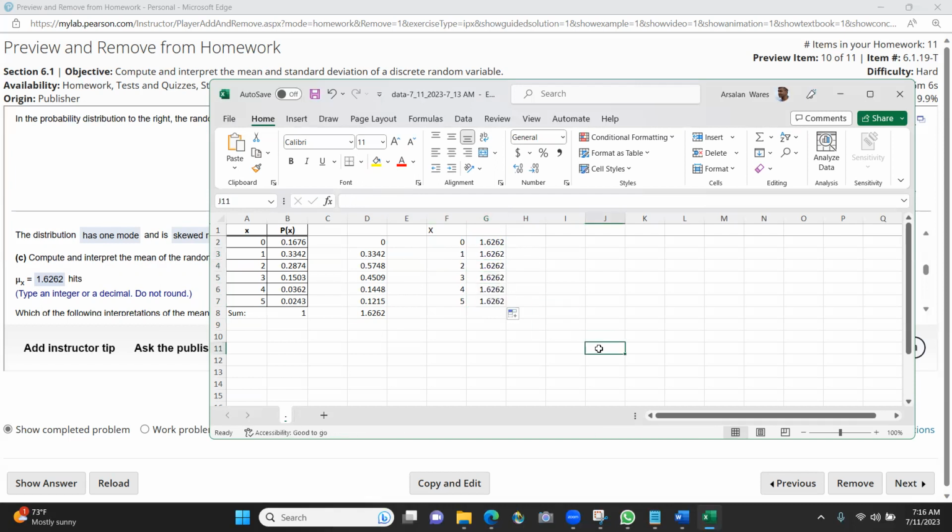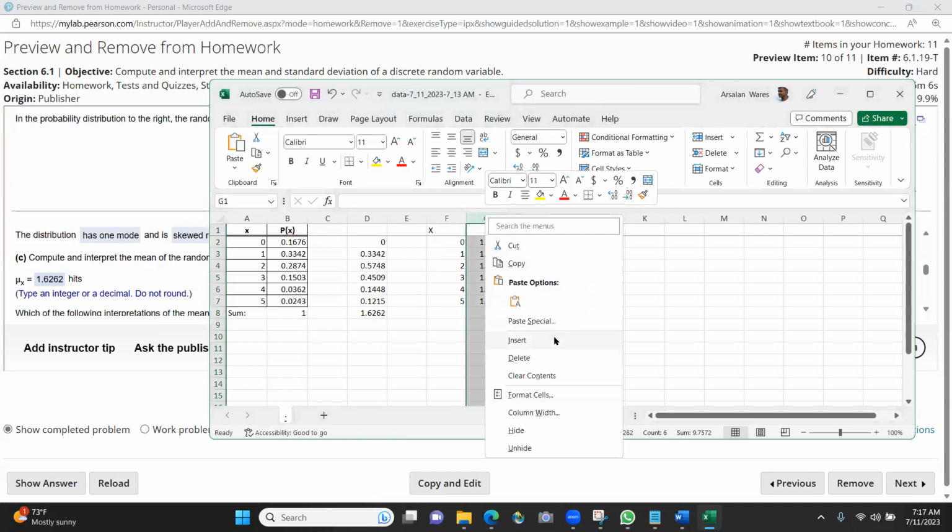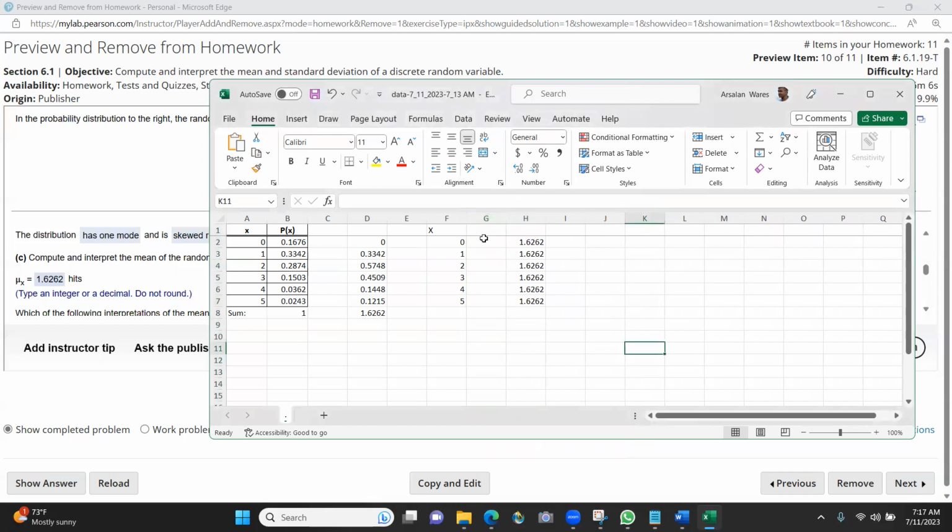I'm going to subtract the mean from each outcome, square them, and multiply them by the probability. The probabilities are right here. I am going to put them here as P of X, just to show you what they are. Not that you have to do it exactly the way I'm doing it.